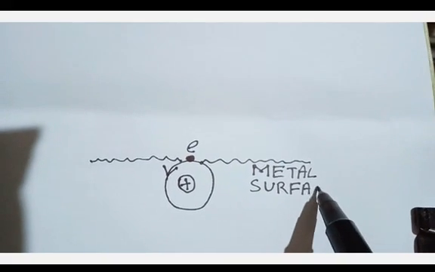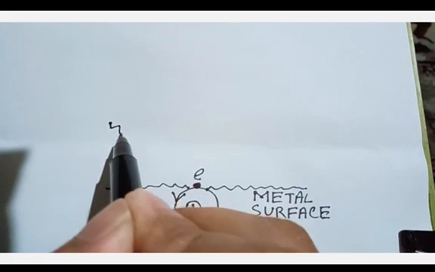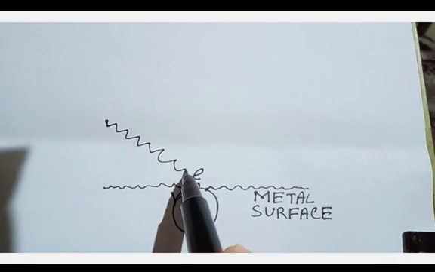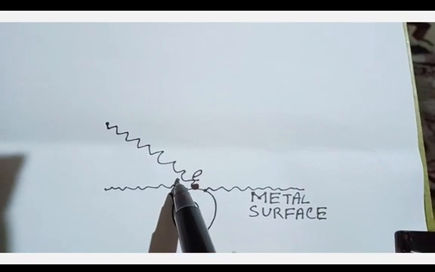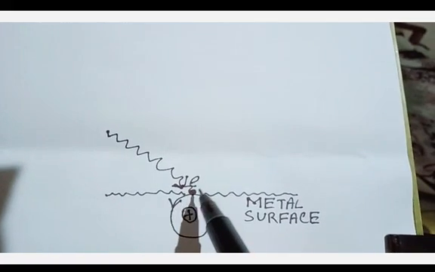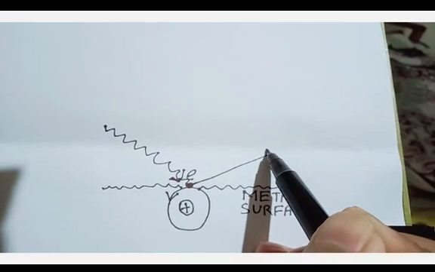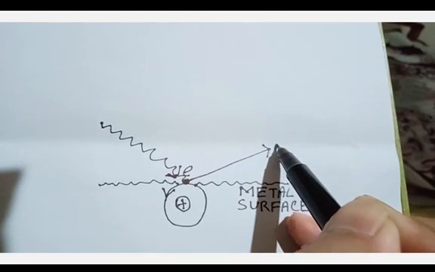Of course, there will be a source of light; let the source be the sun or whatever. So, the light falls upon the electron of the atom on the surface. As a result, the electron gets ejected out of the metal surface with a certain velocity v.